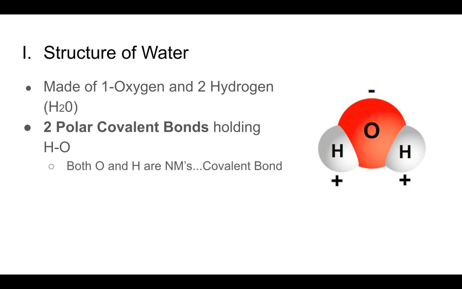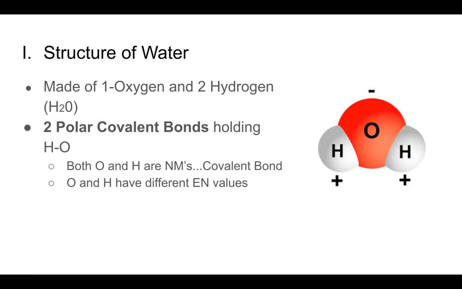How do we know they're polar covalent? We run it through the same filter that we've been talking about related to bonding. Oxygen and hydrogen are both nonmetals, and so we know nonmetal bonded to nonmetal gives us a covalent bond. Then if we look at their electronegativity values, oxygen and hydrogen have different electronegativity values.